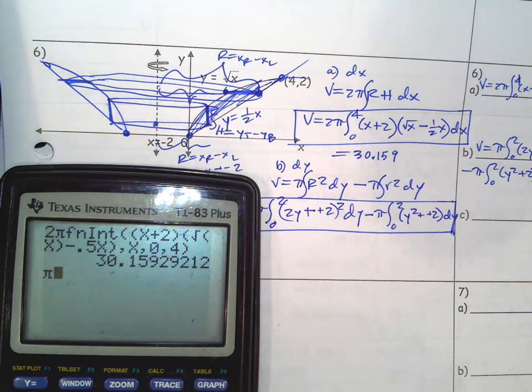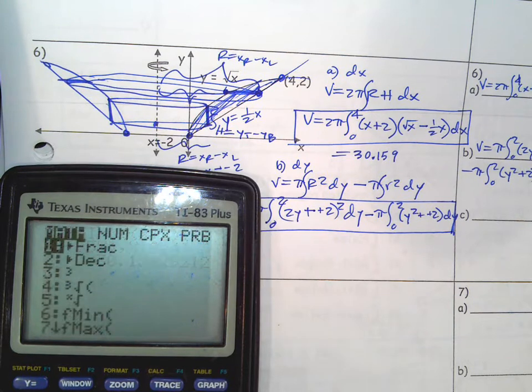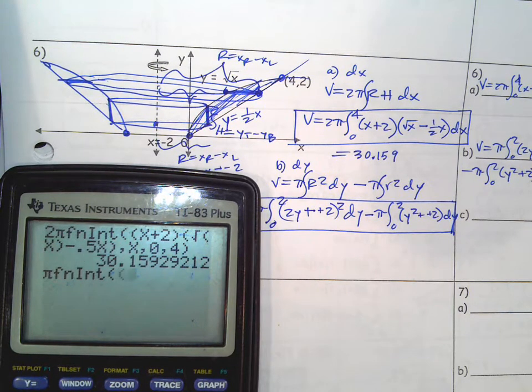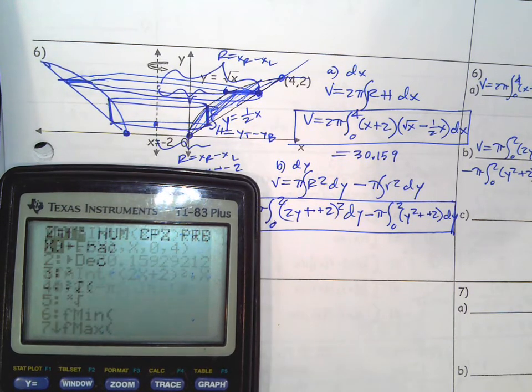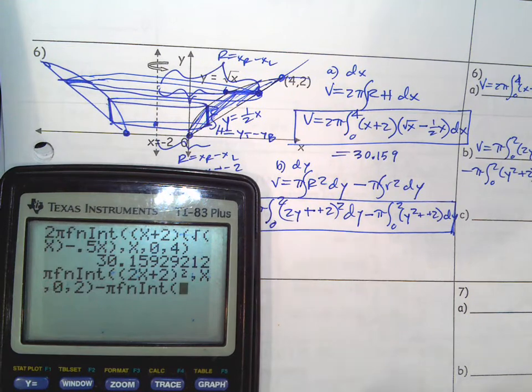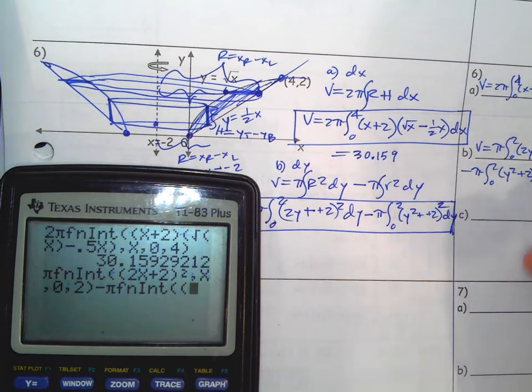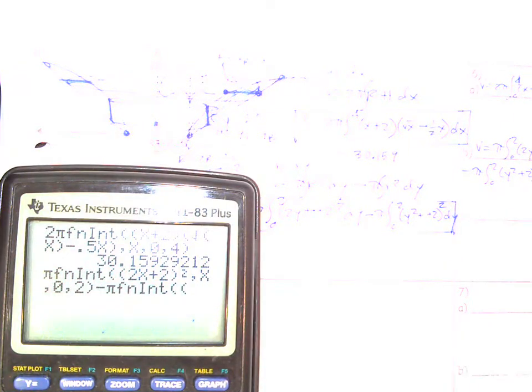Pi, let's see, math 9, parentheses 2x plus 2 squared, comma x, comma 0, comma 2, minus pi, math 9, parentheses, oh, I forgot the square down here. I wrote it there though.